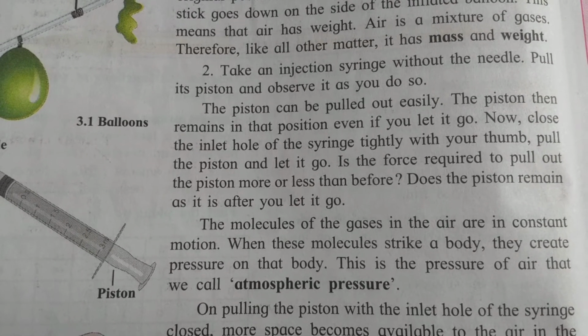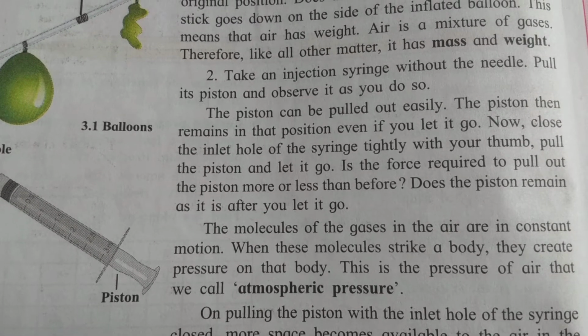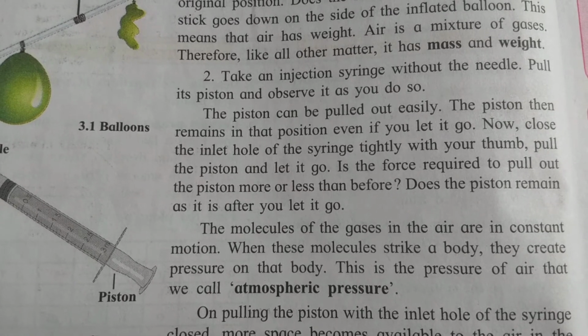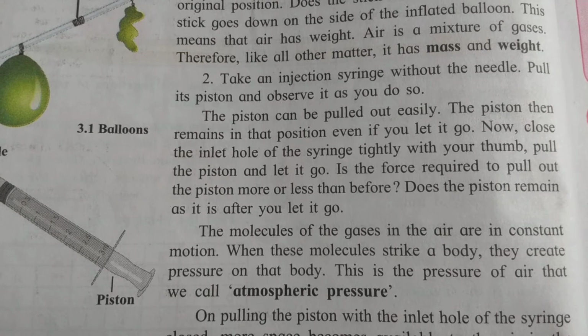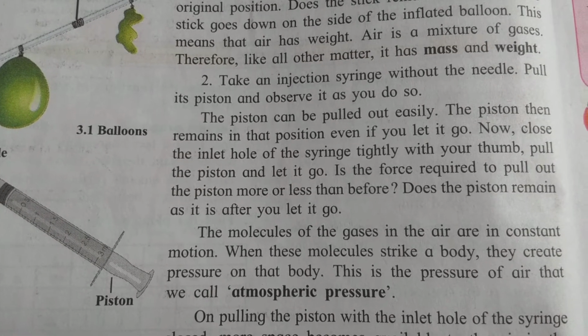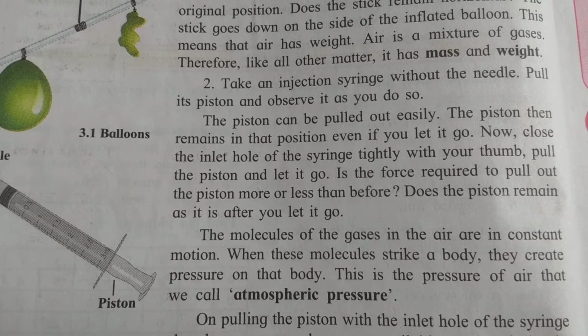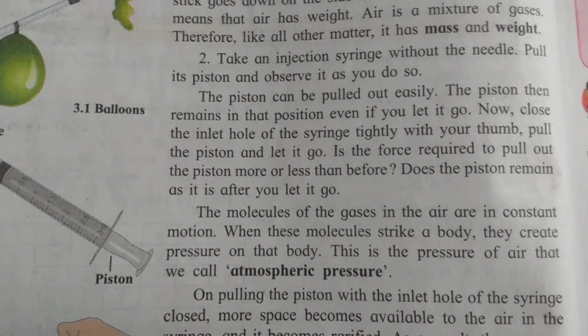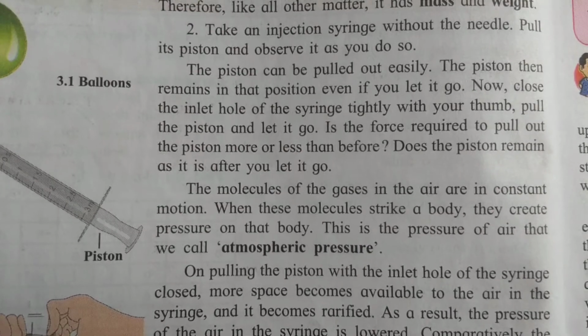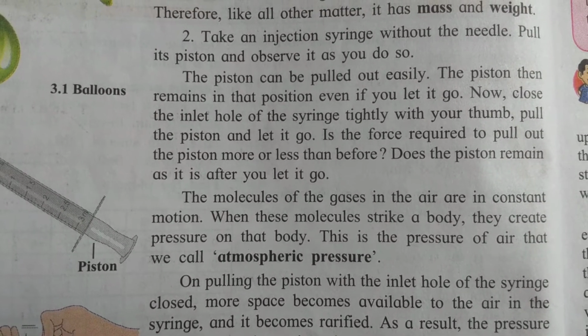Now close the inlet hole of the syringe tightly with your thumb, pull the piston and let it go. Is the force required to pull out the piston more or less than before?